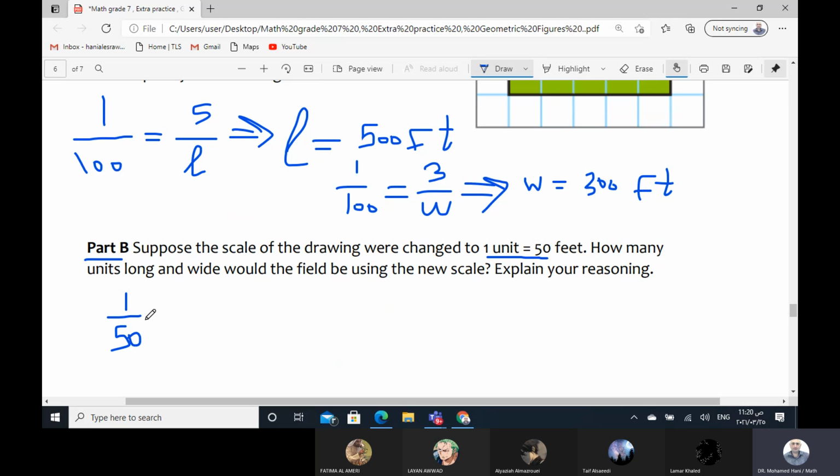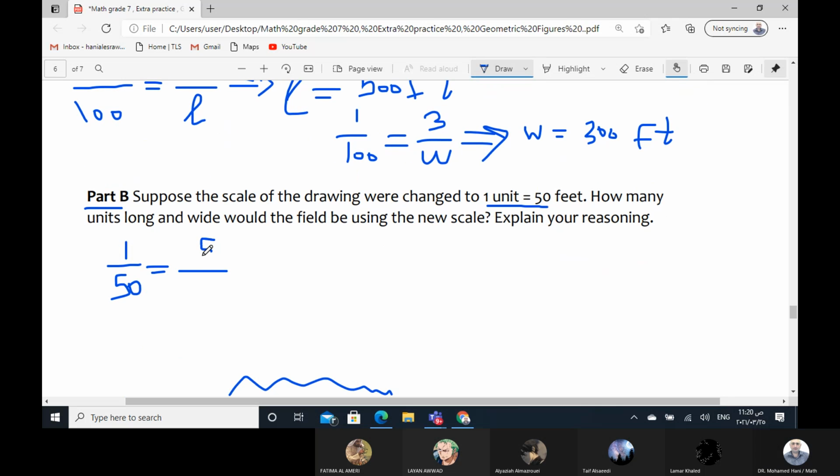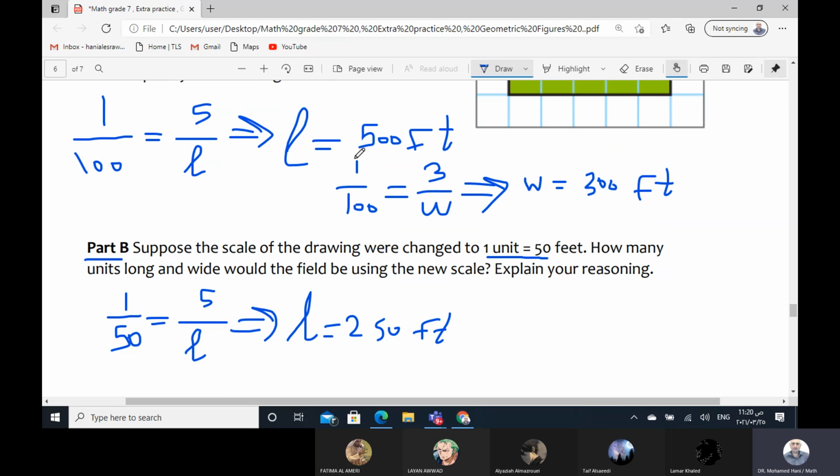The new ratio equal the length here 5, and here we have L. So 1 times L equal 5 times 50 will be 250 feet. Now compare. Now here we have 500, here we have 250, means the half of the feet.